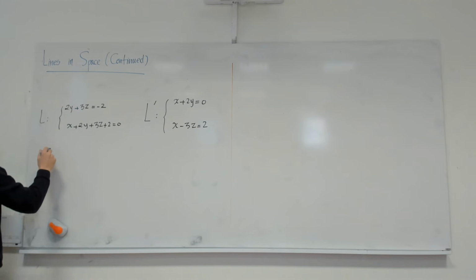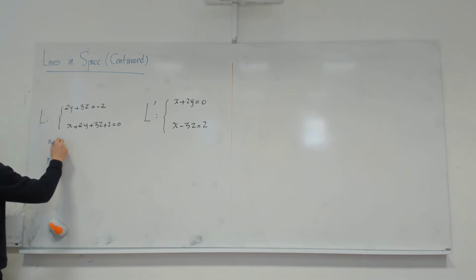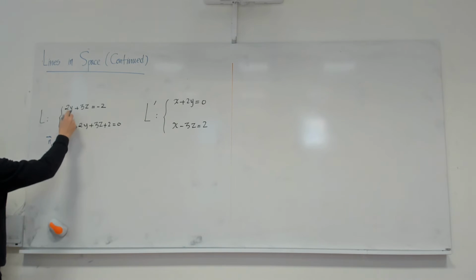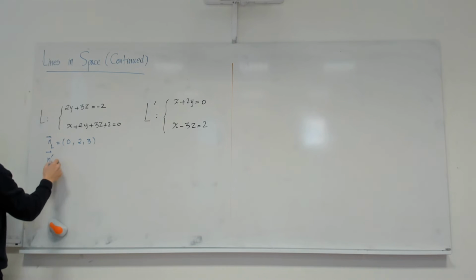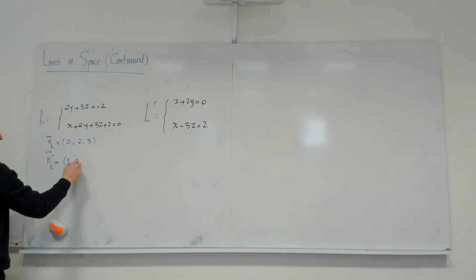Here I will take, I don't know how to call them, so let me write n of L and then n prime of L. What can I write for nL? I need to read the coefficients: the coefficient of x is absent, then 2 and 3, so 0, 2, 3. And nL prime is 1, 2 and 3.